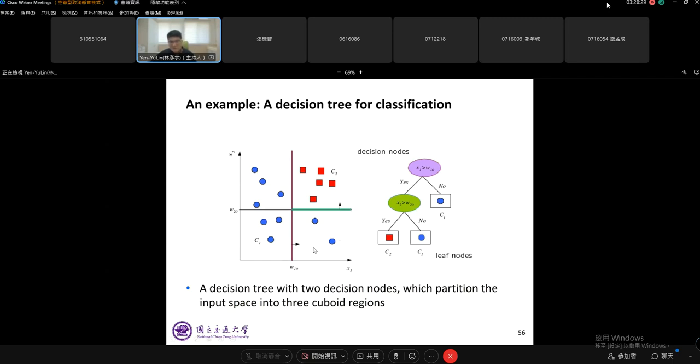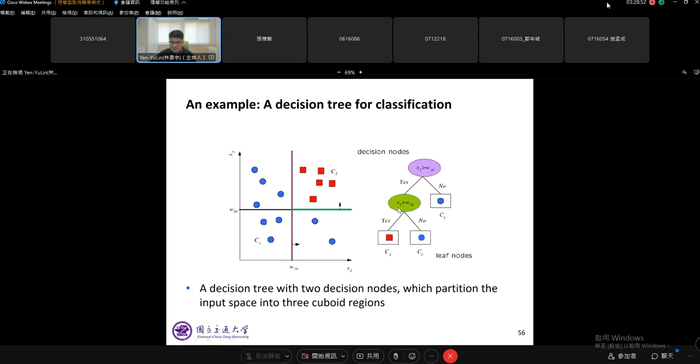These data points are not pure because they do not belong to the same category. Some of them belong to category red and some of them belong to category blue. In this situation, a further split is required.